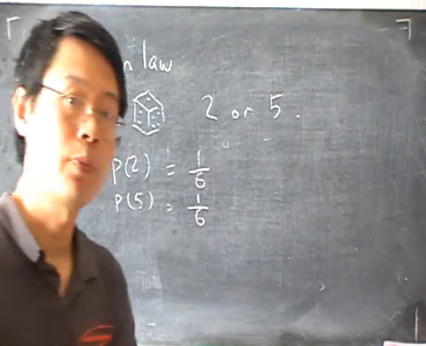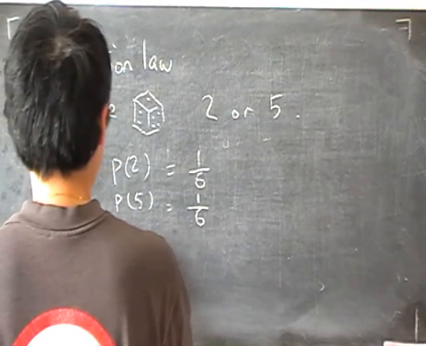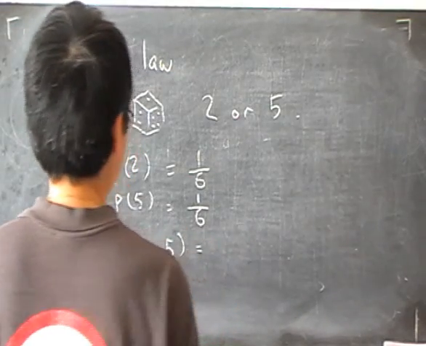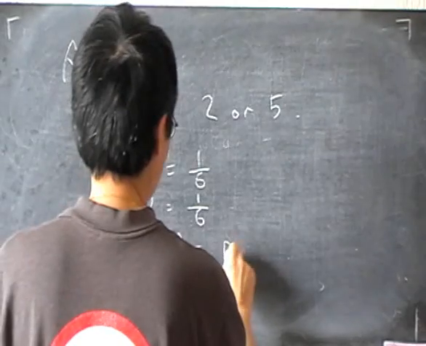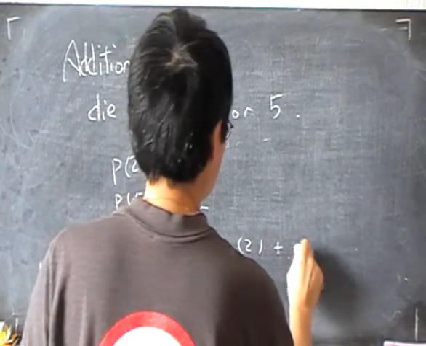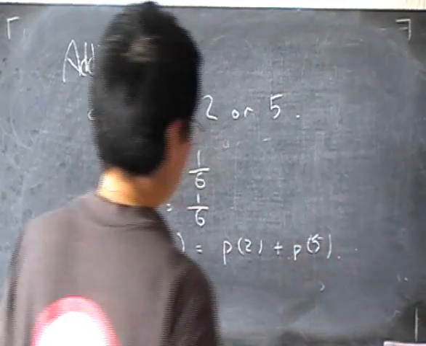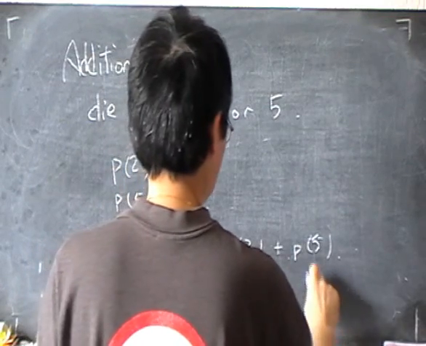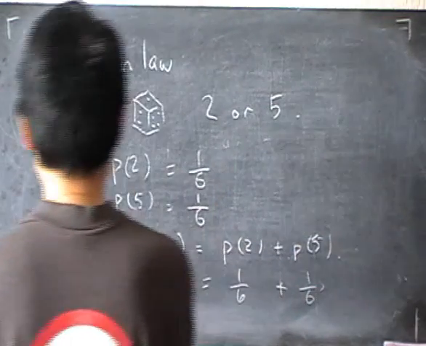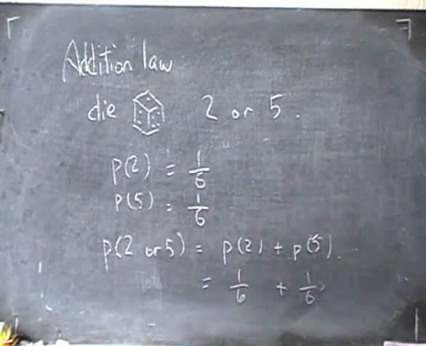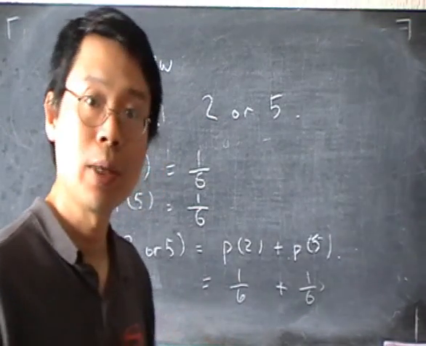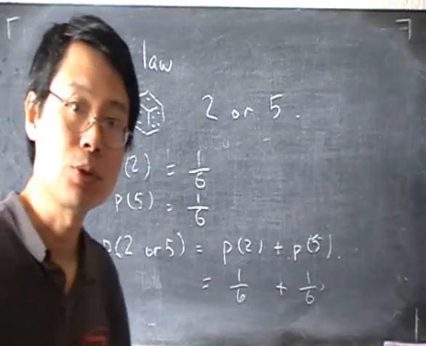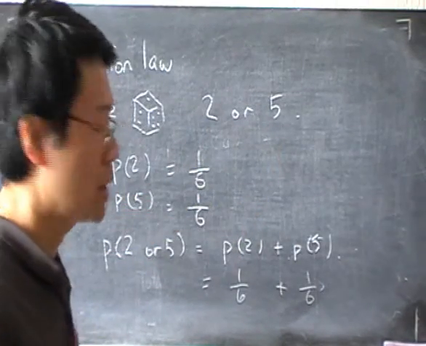And it turns out that the probability of getting a 2 or a 5 you can find by taking the probability of getting a 2 plus the probability of getting a 5, which in this case is 1 over 6 plus 1 over 6. So this actually gives us another way of calculating probability. It's not very useful in this example because it's so simple. Right? We already know it's 2 over 6.